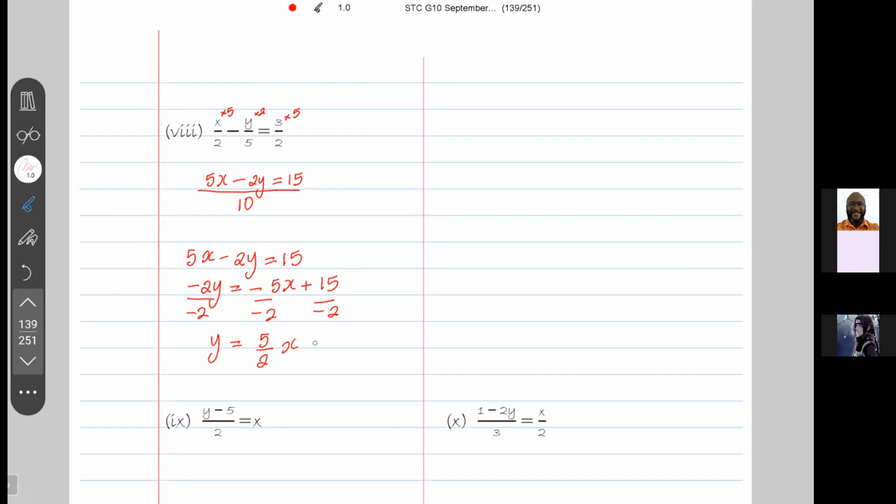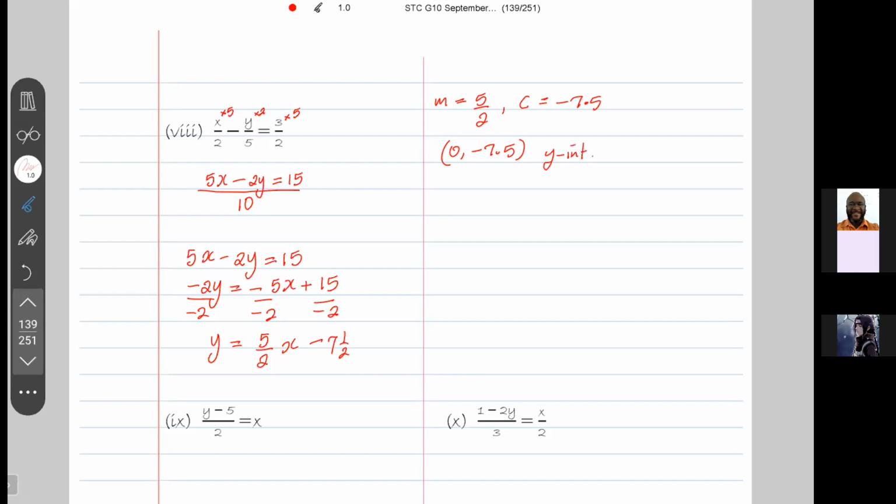A positive divided by a negative is a negative. 15 divided by 2 is 15 over 2, or I could say 7.5. So therefore m, the gradient, is 5 over 2. c, the y-intercept, is minus 7.5. So (0, minus 7.5) are the coordinates of the y-intercept.